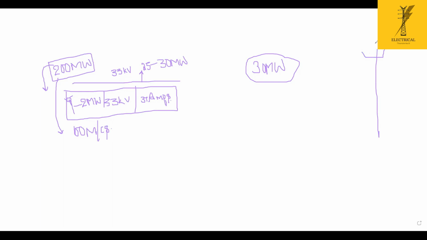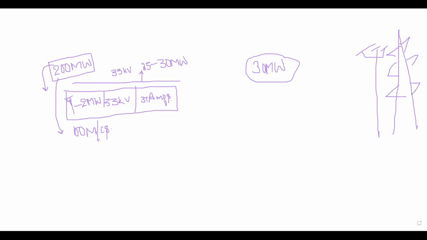This is the general design of a 33 kV transmission line. A heavier conductor's weight cannot be withstood by this pole, so you would have to lay 220 kV towers, like you see in remote areas.